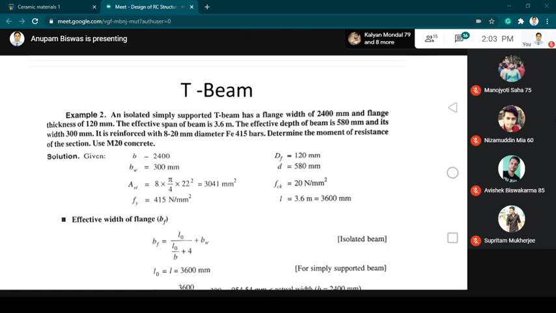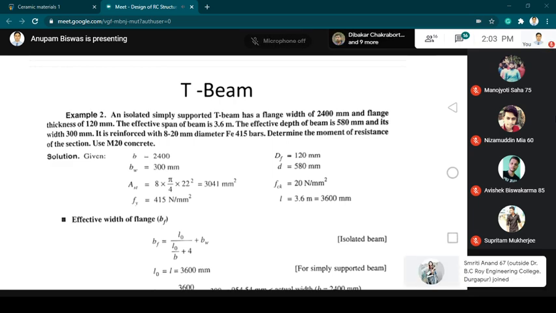So total compression is 0.36 fck bw into xu plus 0.446 fck multiplied by bf minus bw into DF. The total tension will remain the same, 0.87 fy AST. Using this equation, you have to find out XU.